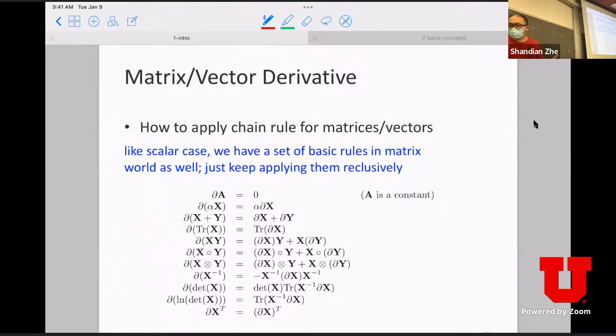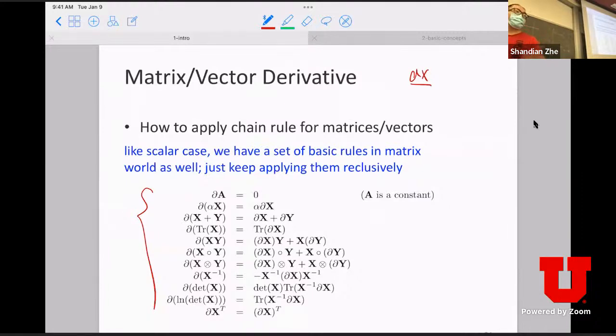So what you need to do is just follow the rules to decompose your vector functions, reach each individual term and apply those rules, until you end up with the coefficient along with each dx, and you merge them together. That's the general strategy.